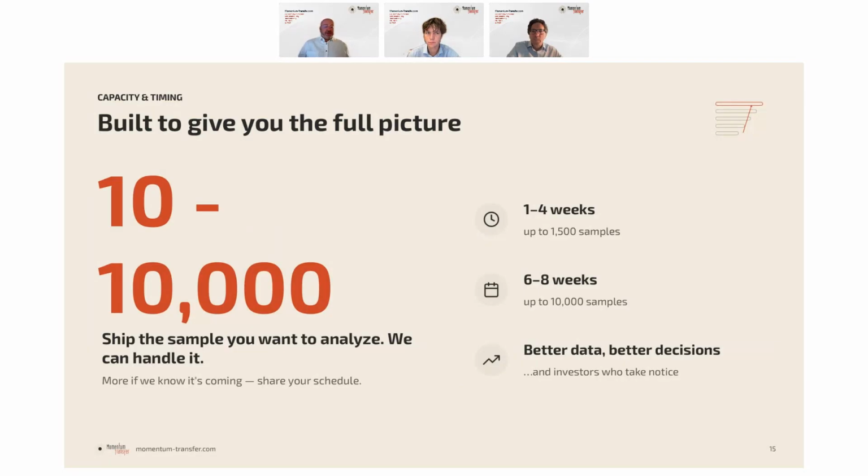For bigger batches, it will take us a little bit longer because of sample preparation. The measurement we can usually do in one beam time or two. So that kind of limits the turnaround time. But if you think 10,000 samples in 2 months, that's a good turnaround time for any measurement method you can think of.